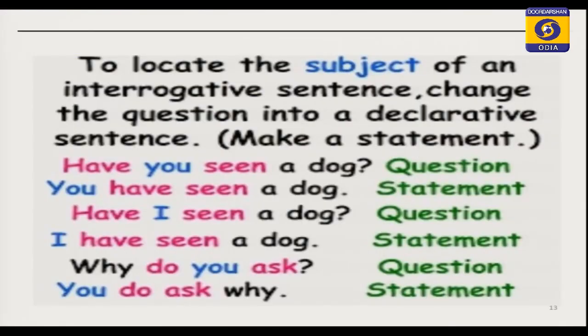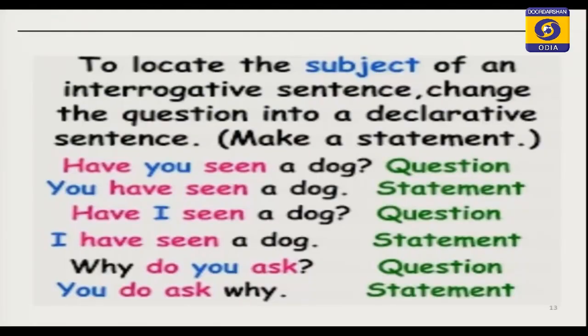So what is the easy way to locate the subject of an interrogative sentence? The method is to change the question into a declarative sentence, make a statement, and it will be easy for you to find the subject.